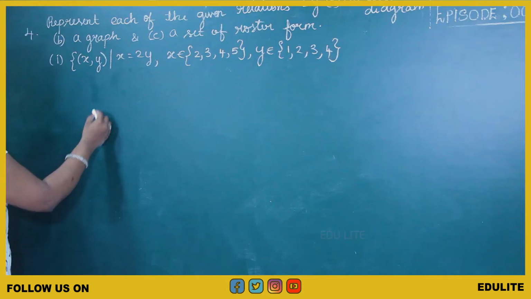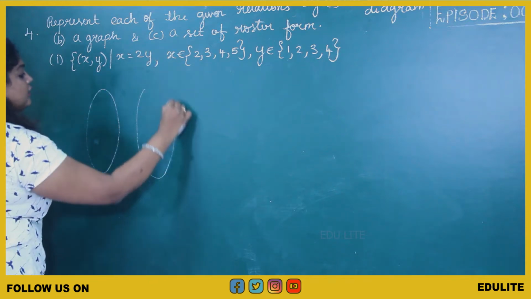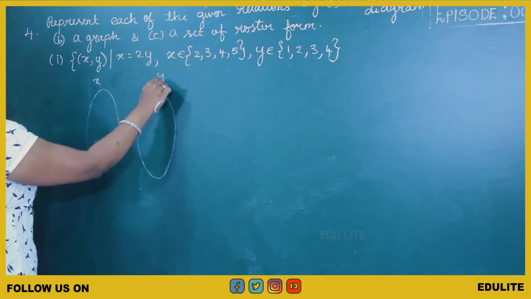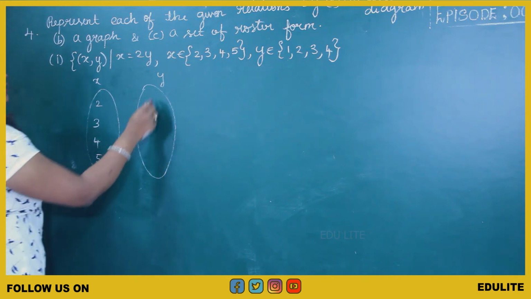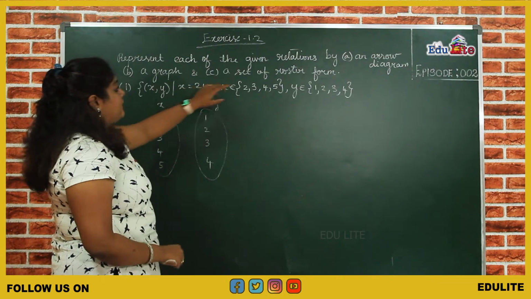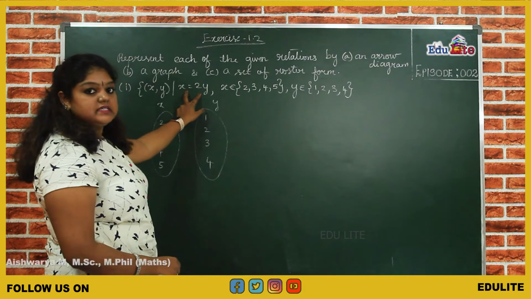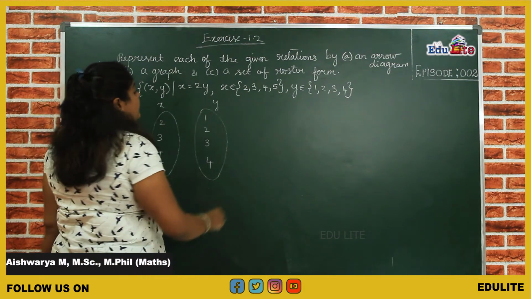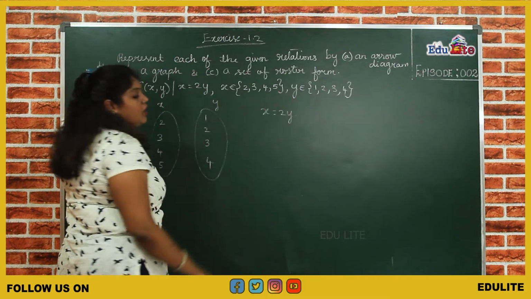So for representing it in an arrow diagram, I will write the set of values of x and y. X is given as 2, 3, 4, 5 and y is given as 1, 2, 3, 4. To represent it in an arrow diagram, we will take the help of the notation given to us, x is equal to 2y.